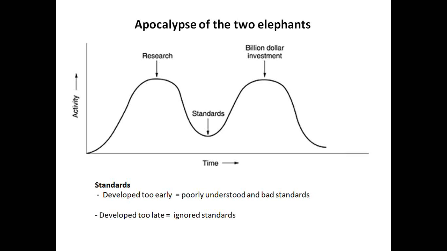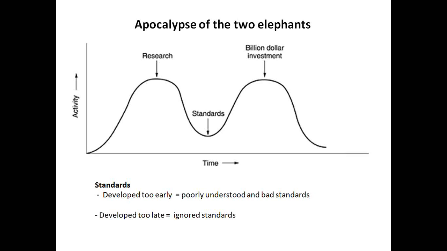But it is essential that these standards be written in the trough between the two elephants, between the research and the billion-dollar investment. If the standards are written too early, before the research is finished, the subject will be poorly understood. The result will be bad standards. If they are written too late, many companies may already have made a lot of investment in different ways of doing things.